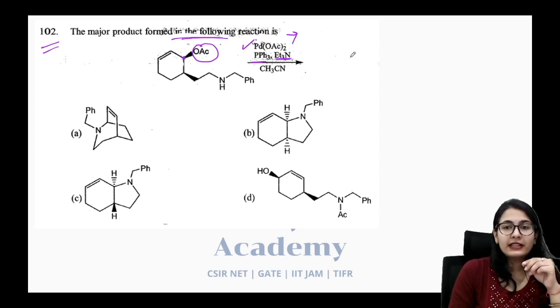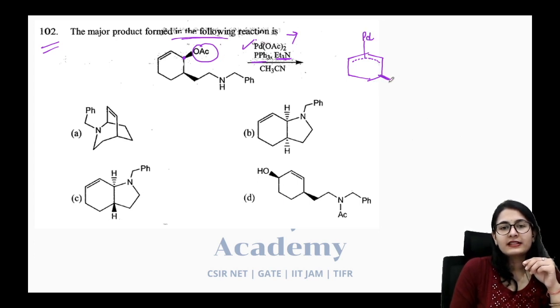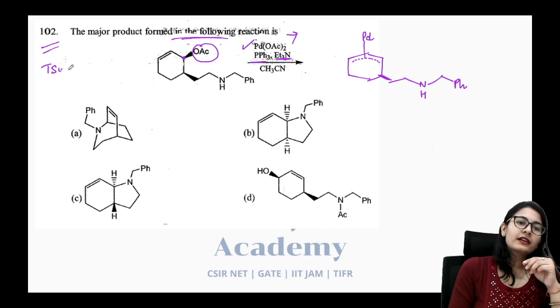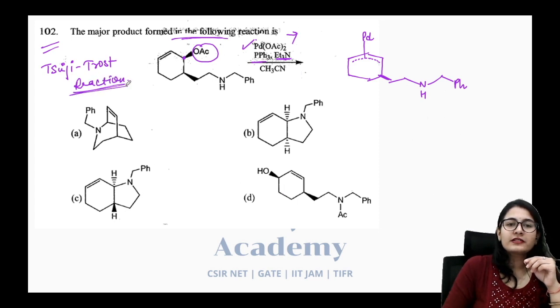Whenever you have a good leaving group on the allylic position, you are going to think about one particular name reaction, which involves pi-allyl complex formation. What is that name reaction, guys? Absolutely, it is the Tsuji-Trost reaction. Asked in June 2015.